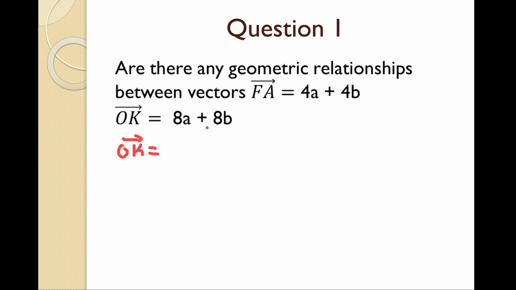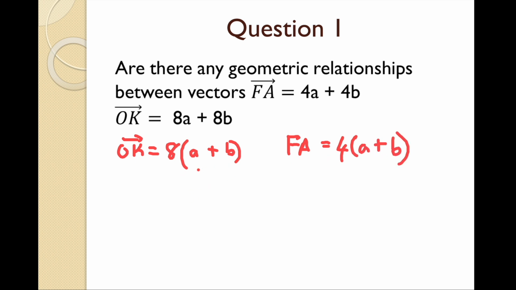The highest factor is 8, 4 is a factor but I want the highest one. So 8 open brackets A plus B. And what about FA? What's the highest common factor? 4. Good. So 4 open brackets A plus B.